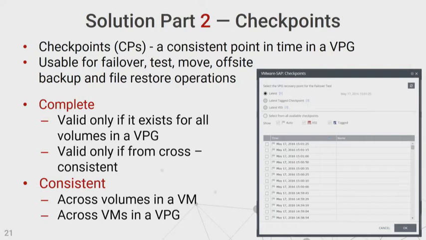So it's not just complete if it exists across all the volumes, it's complete when it exists across all the VMs. And furthermore, it's complete only if it exists and is aware and available to both the protected site and the recovery site ZVM, the Zerto Virtual Manager.